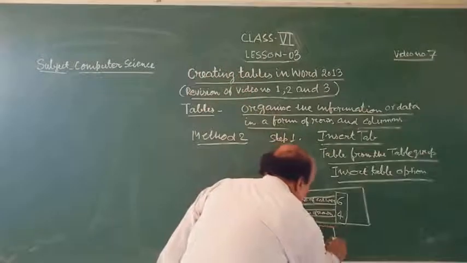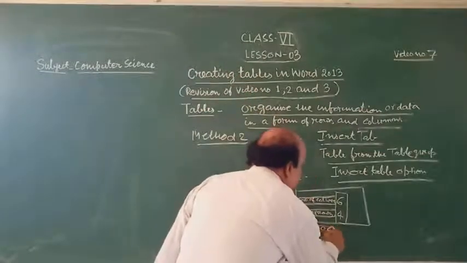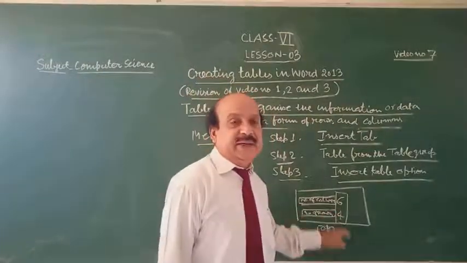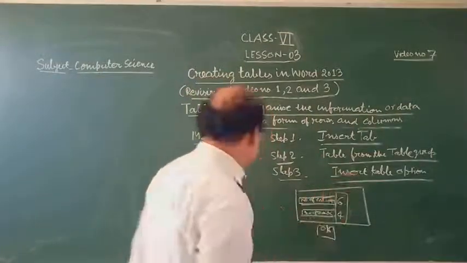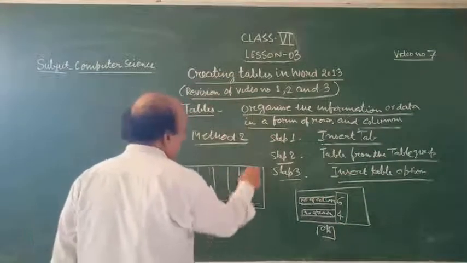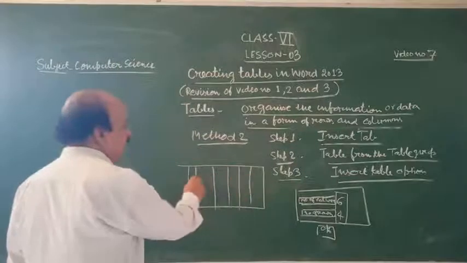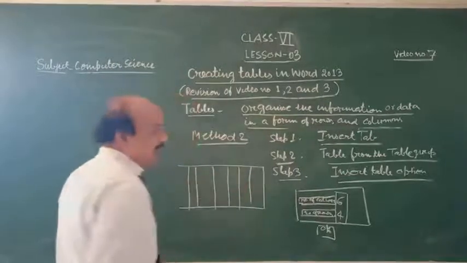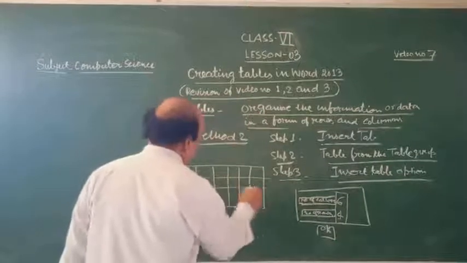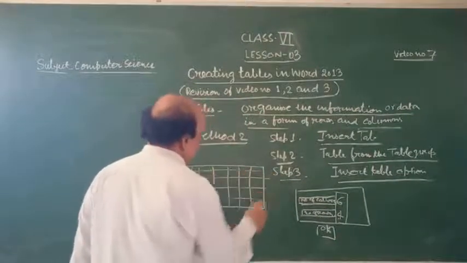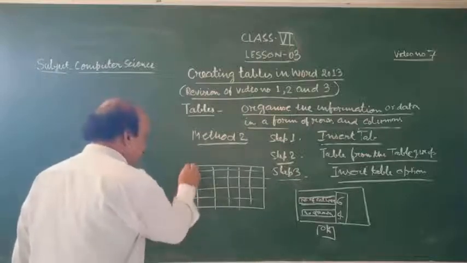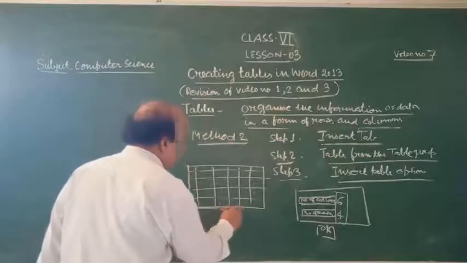According to your need, you have selected 6 columns: 1, 2, 3, 4, 5, 6. And you have selected 4 rows: 1, 2, 3, and 4. So like this, a table with 6 columns and 4 rows will appear on the screen.